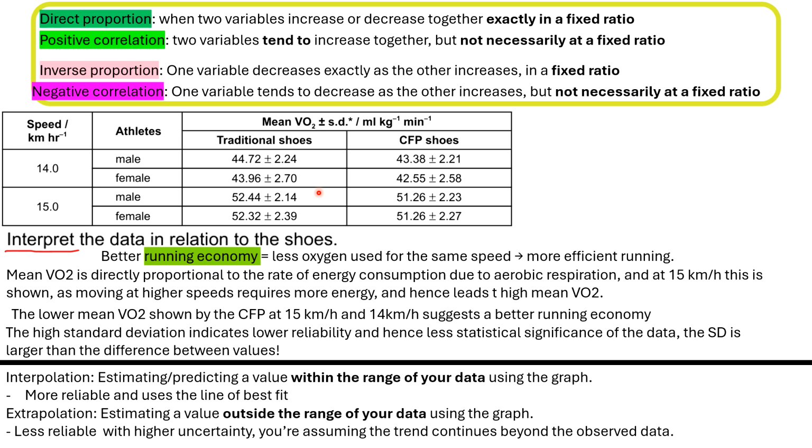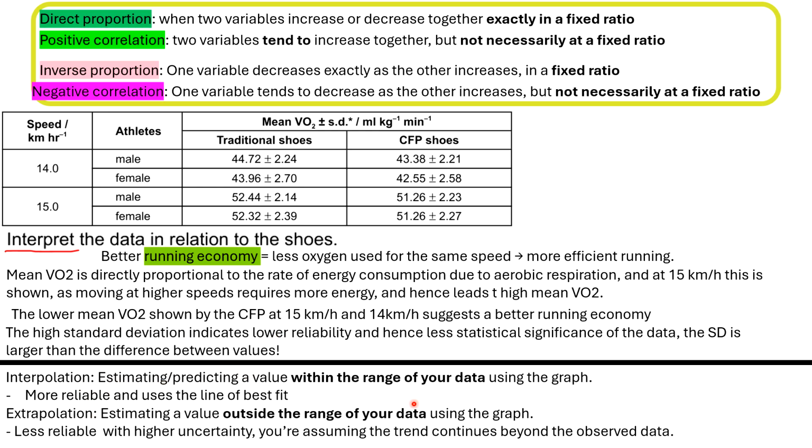So not VO2 max, it's just VO2. So if less oxygen is being used with the CFP, as you can see here, it means it causes a better running economy. Now, the high standard deviation indicates lower reliability and hence less statistical significance of the data. And you can see that the standard deviation is larger than the difference between the values. So yeah, it's a large standard deviation.